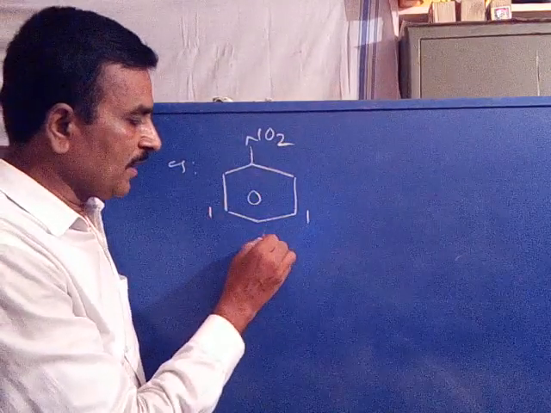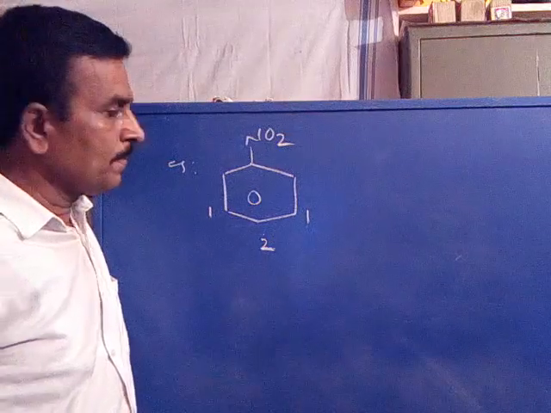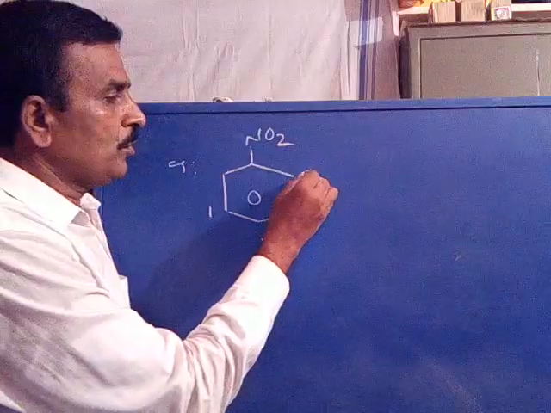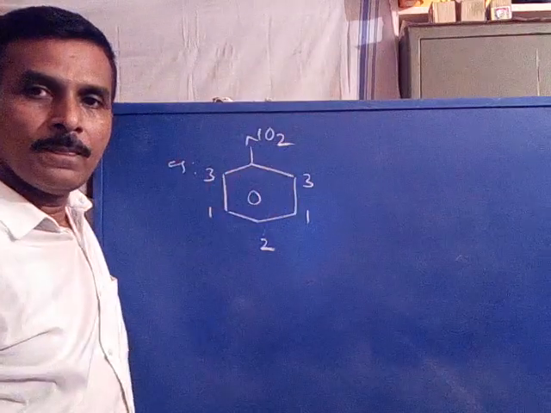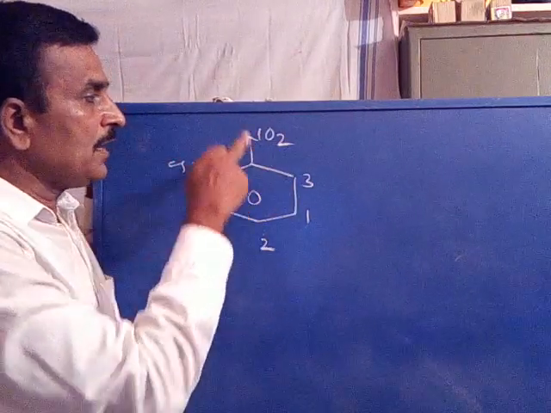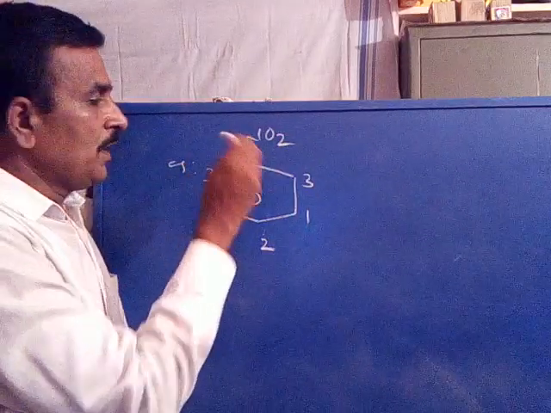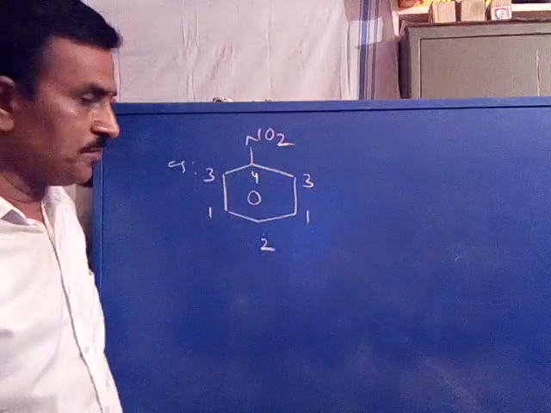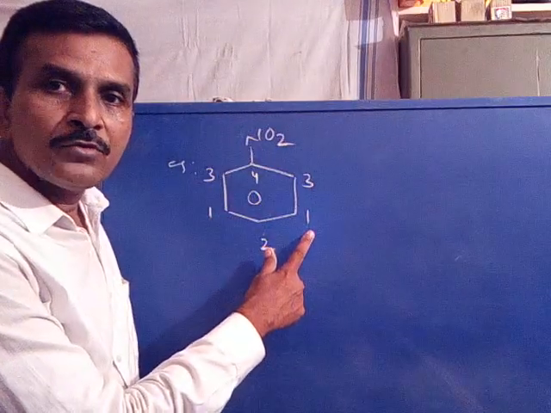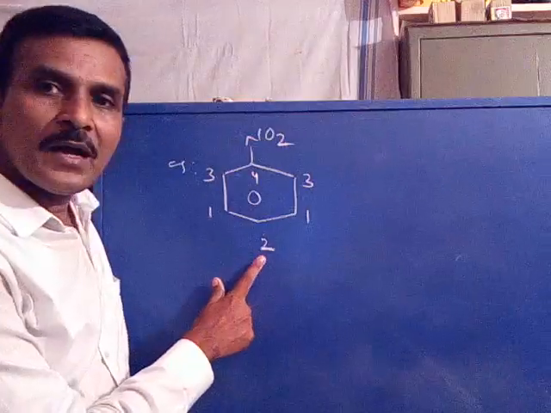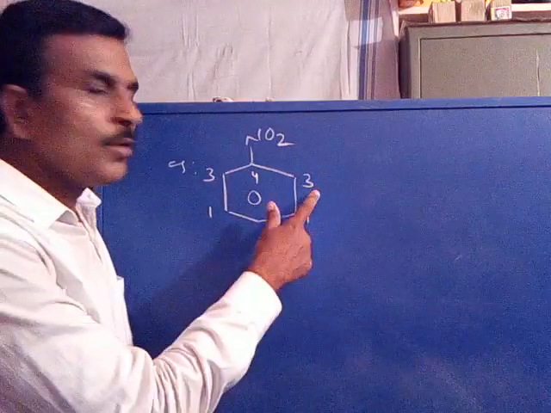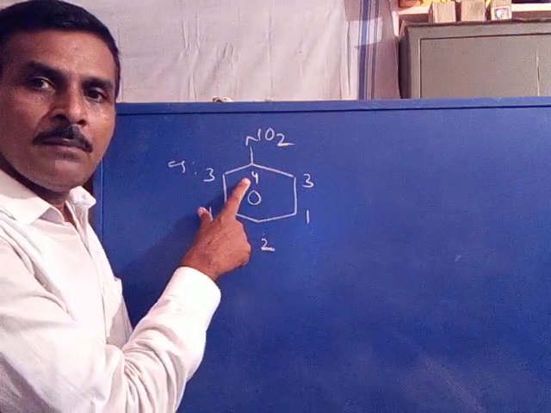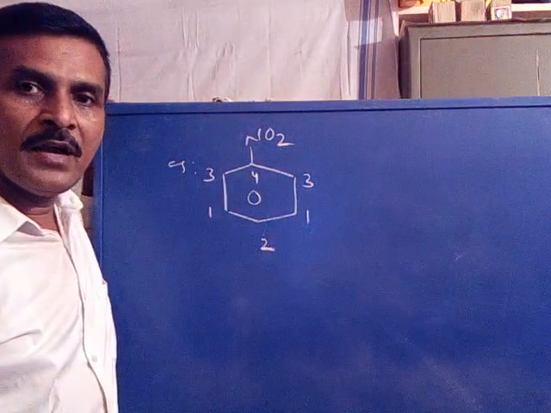Now, the para carbon is second, the two ortho carbons are similar and belong to the third group, group 3. And this is the carbon directly linked with the NO2 group, it belongs to the fourth one. So there are 4 sets of carbons. 2 meta carbons belong to one set, 1 para carbon belongs to another, 2 ortho carbons belong to the third set, and the directly linked carbon belongs to another non-equivalent, the fourth set.